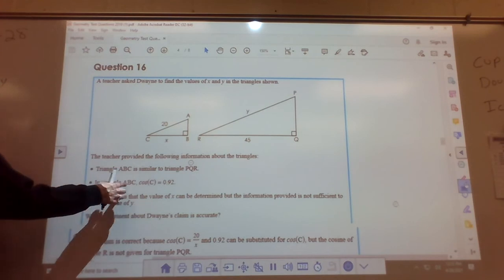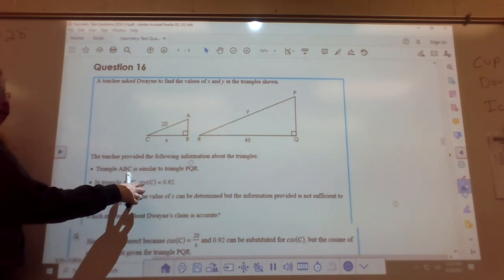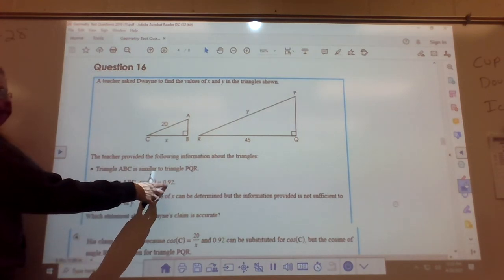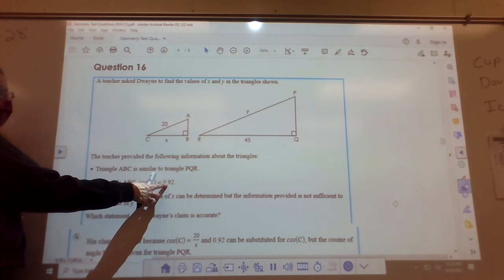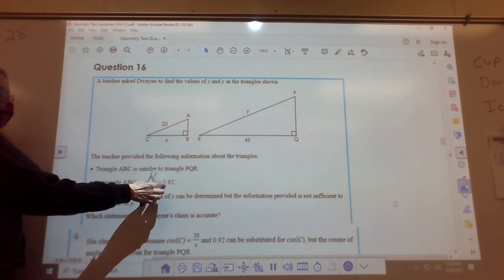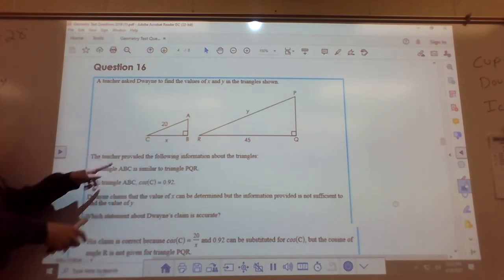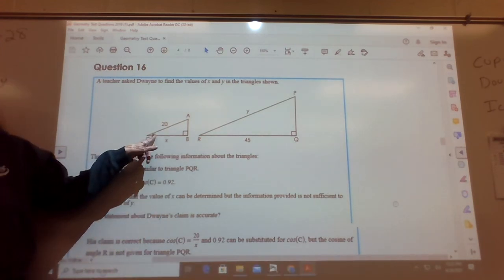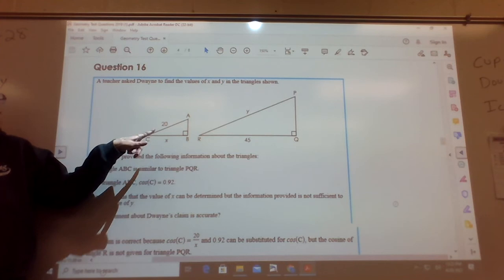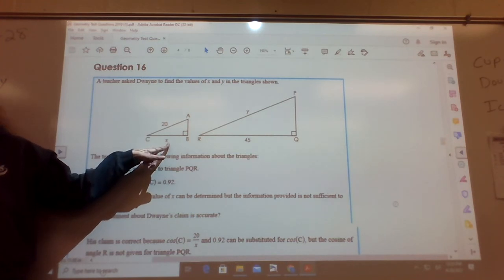Then it says triangle ABC has a cosine C that equals 0.92. I could figure out what it is, but I don't really need to. Because they give us the cosine, would I be able to figure out how big x is?